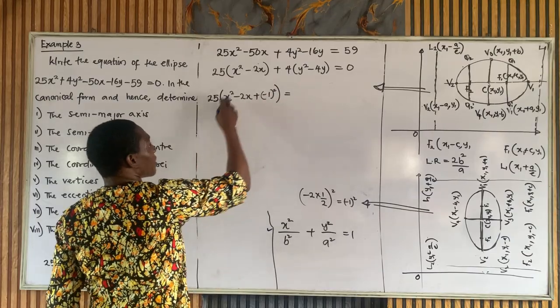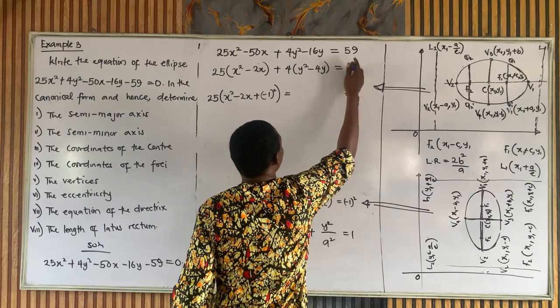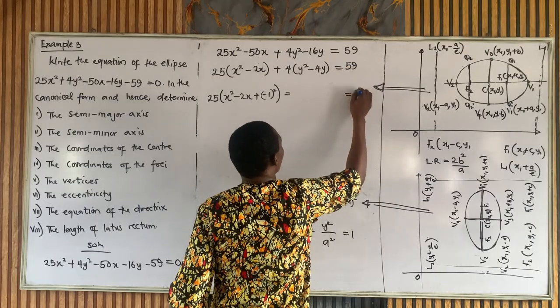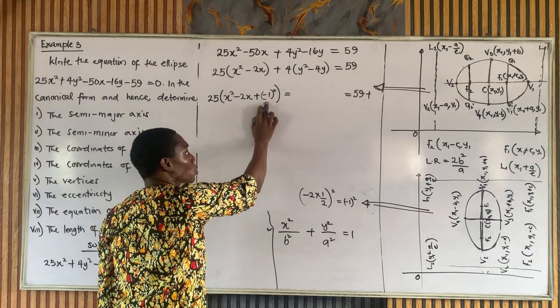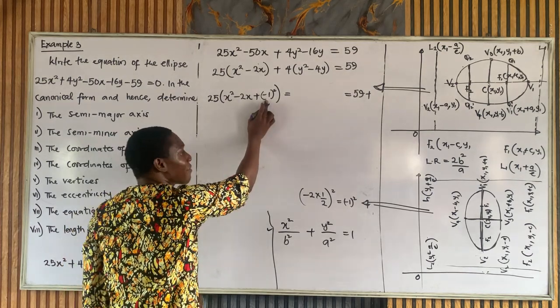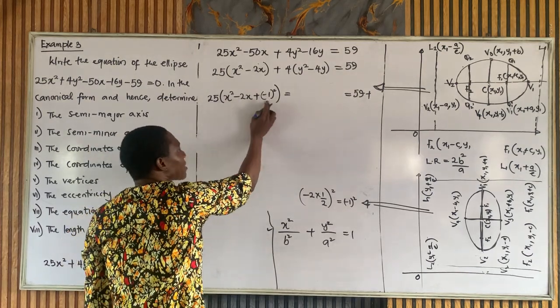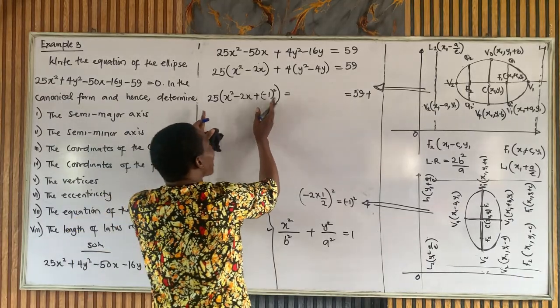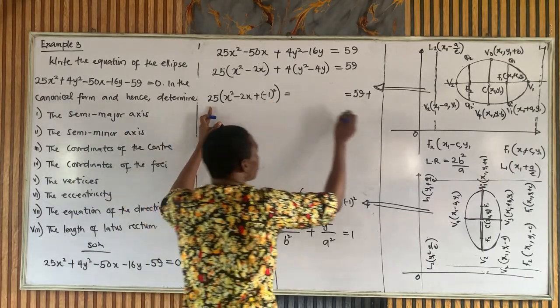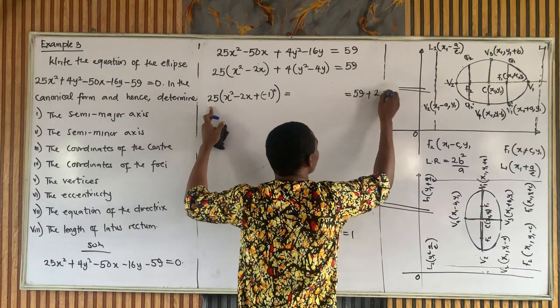If I'm adding this, I'll add it to this side, and what we have here is 59. Now 59 plus, but what do we add here? It's not just minus 1 squared. Remember, this 25 is multiplying everything you have here. That will be 25 times minus 1 squared, which is 1. So 1 times 25 will give us 25. So what was added here is 25 and not minus 1. Take note. So I'm adding 25 to this.